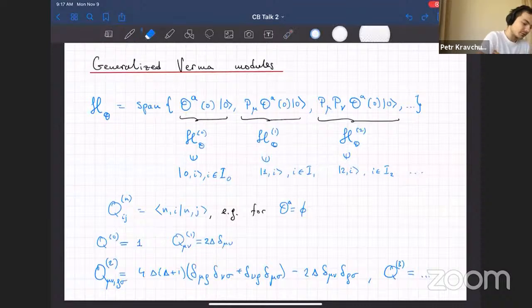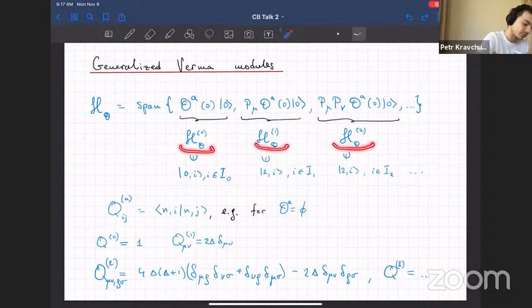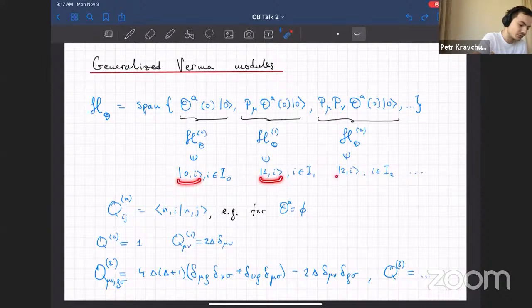First of all, we can denote by H0, H1, H2, and so on, the spaces of states at different levels of the representation. At each level, we can choose some basis states, which I'll denote |0,i>, |1,i>, |2,i>, where the index i just goes over some set.